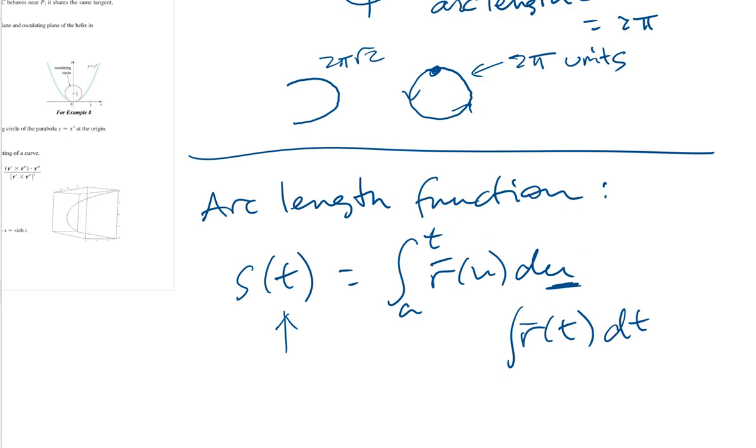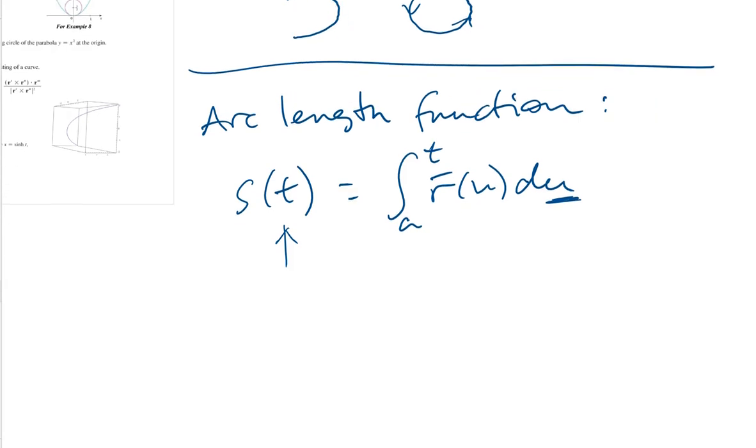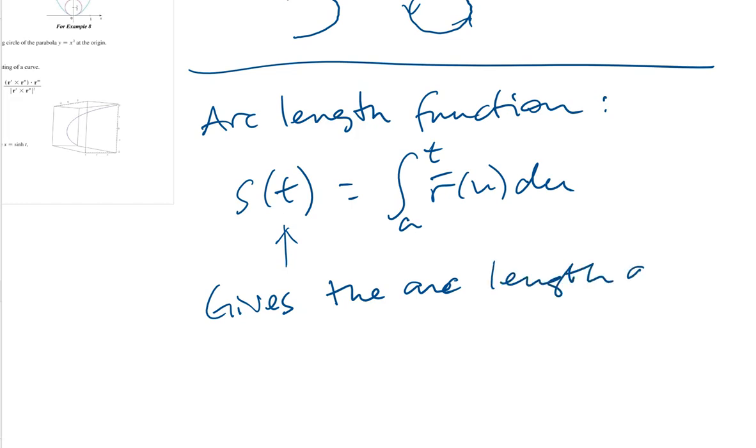Okay, so here's my arc length function. What this says is that this gives the arc length as t changes. So what does that mean?